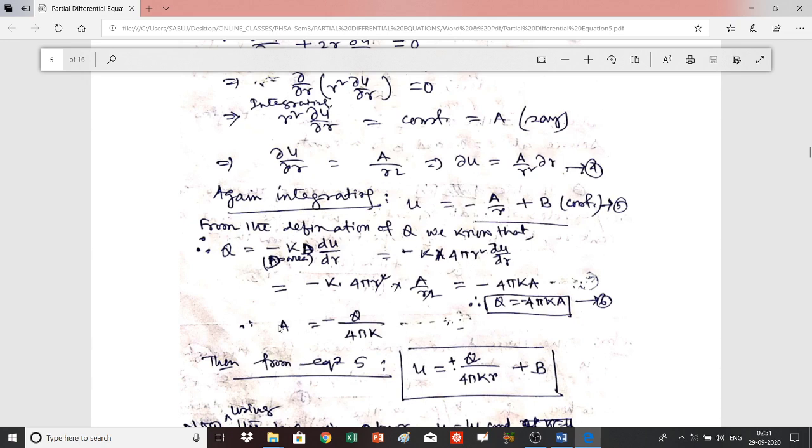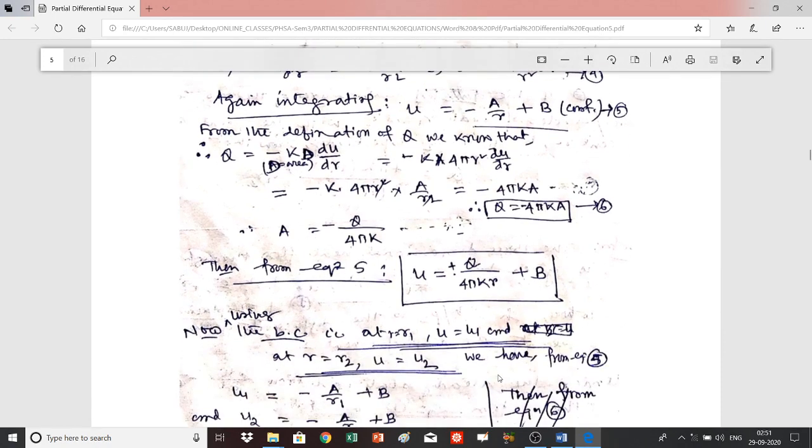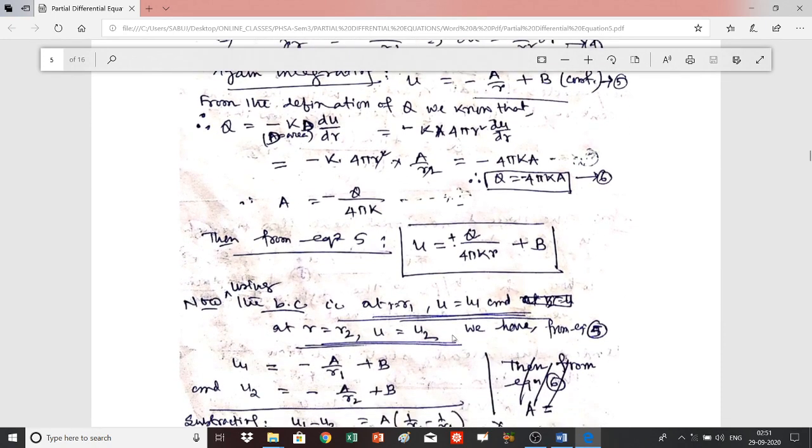So a is this, and this minus will give you a plus sign, so plus q by 4 pi k r, and plus b is there. So from equation 5, you have the solution of u as q by 4 pi k r plus b.